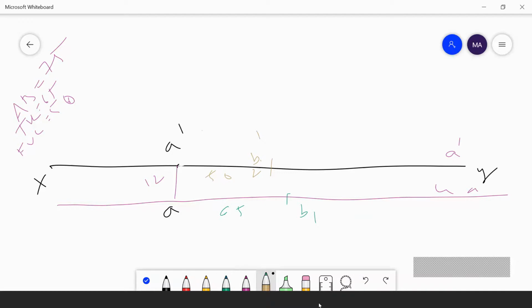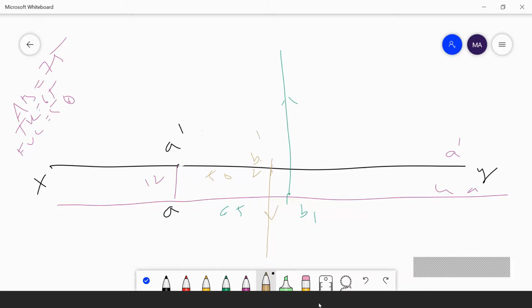I am projecting this line upwards and this line downwards.